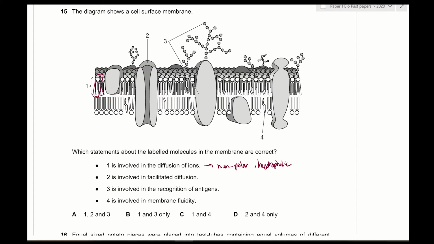Now for 2, is involved in facilitated diffusion. Now, as we just mentioned, because this is a membrane protein, then it's definitely involved also in facilitated diffusion. Facilitated diffusion is the diffusion of substances down a concentration gradient through a transport protein. Therefore, this is correct. 3 is involved in the recognition of antigens.